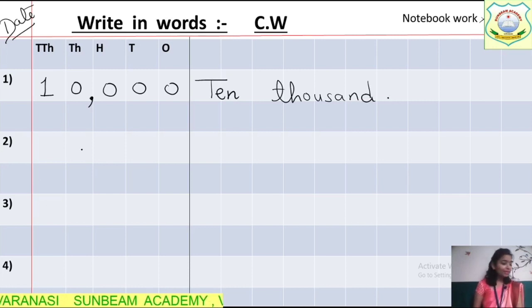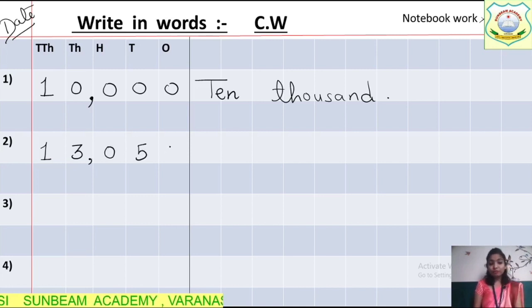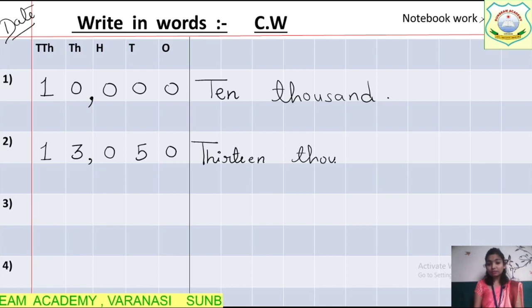Now moving to the next question. Next question is 13,050. Put comma every time, don't forget that. So T will be the capital and then THIRTEEN thousand. 13,000 के बाद 100 प्लेस पे क्या है? कुछ भी नहीं है.